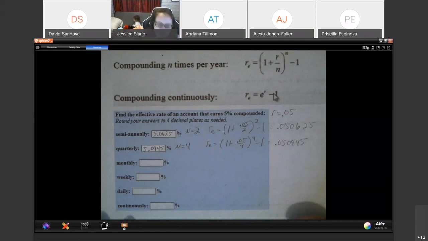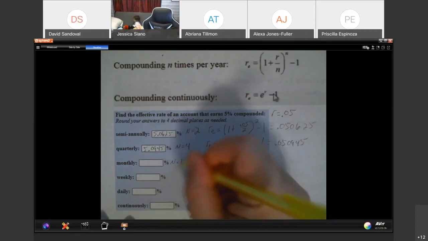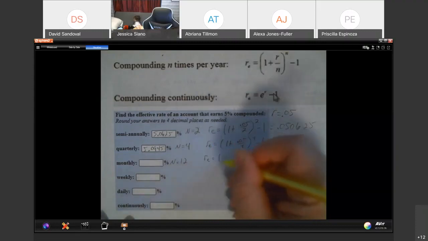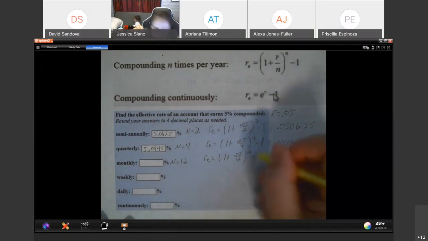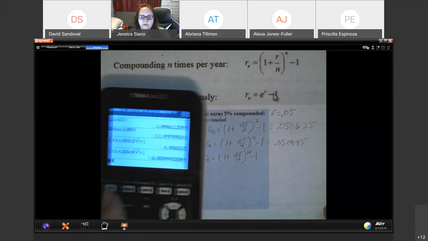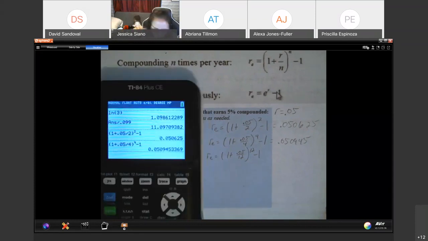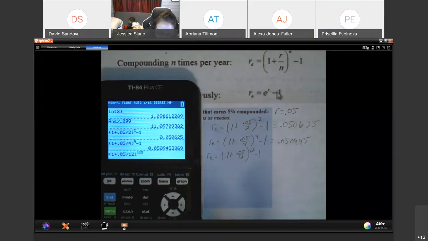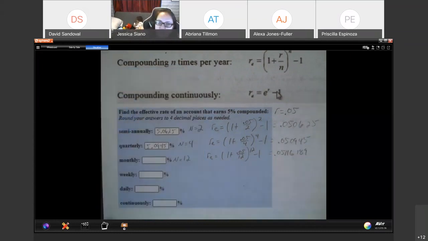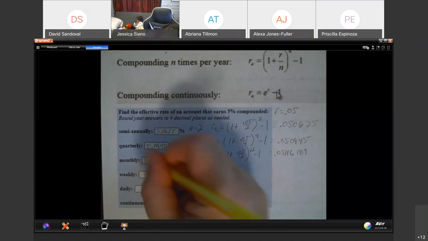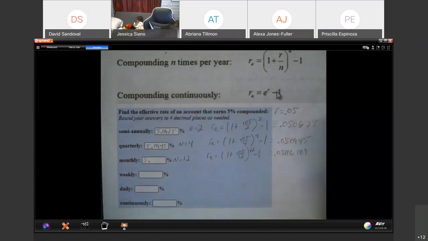Monthly, n is 12. So my effective rate is 1 plus 0.05 divided by 12 to the 12, and then minus 1. So that's 5.1234.